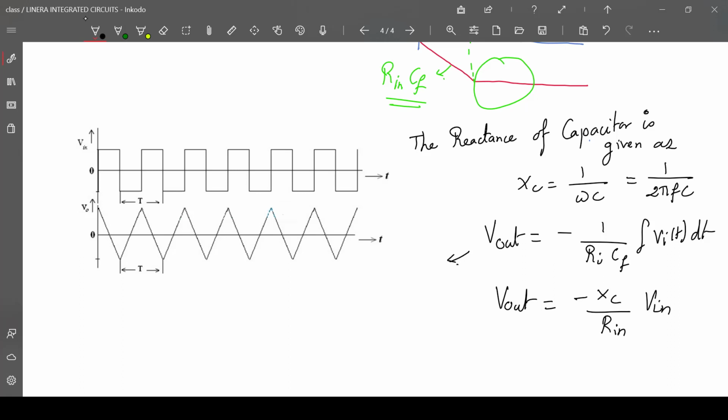Neglecting the frequency, the integration will not be considered. So the output voltage will become minus Xc by Rin into Vin for a practical integrator circuit on considering the reactance of the capacitor value.